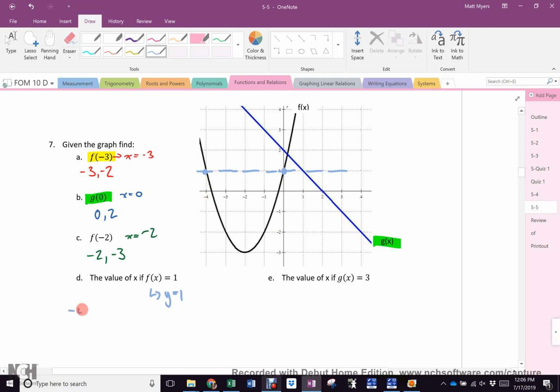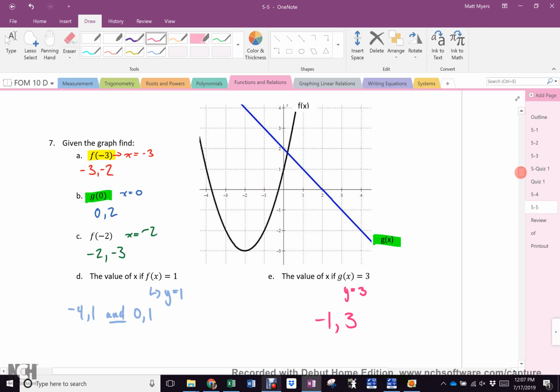So I have (-4, 1) and (0, 1). And over here, we'll erase that. We'll use pink. y equals 3, so I go up to where y is 3, which is right here, and I see that it intersects my curve right there, which is -1. So the point is (-1, 3).